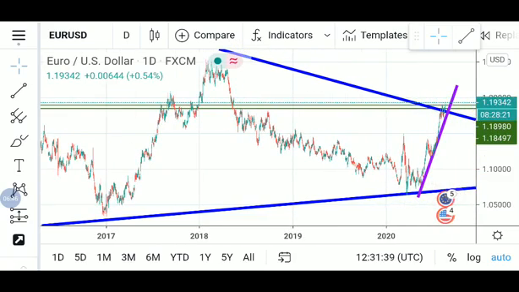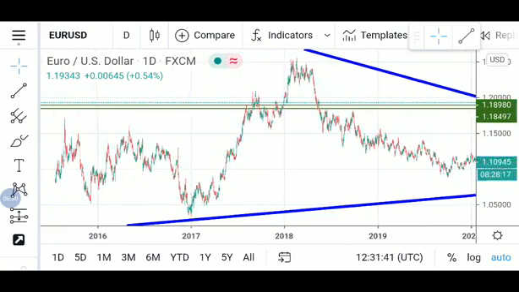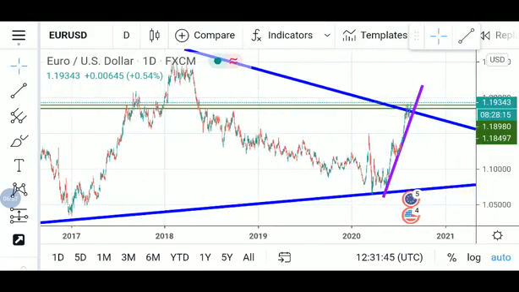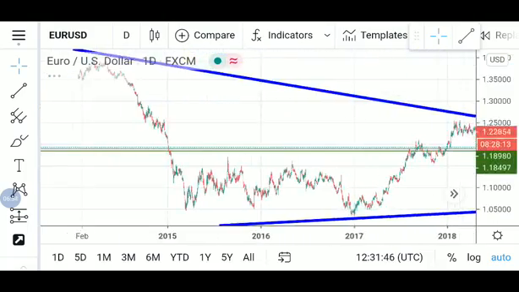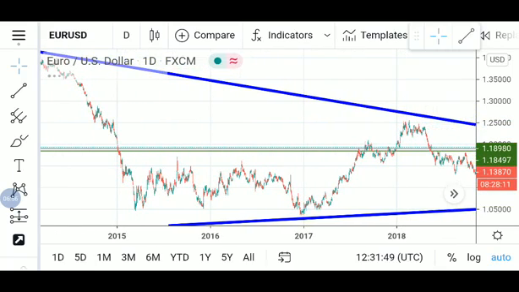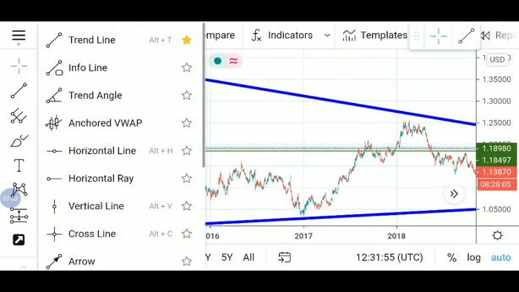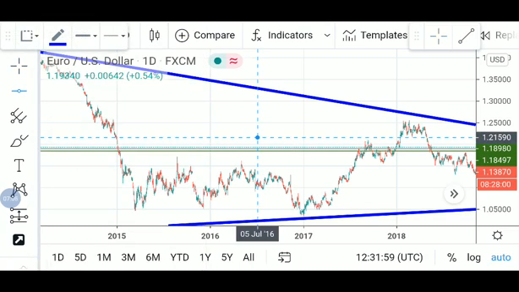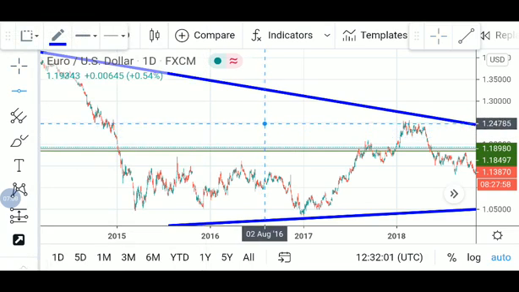So there's no level here. This level here, I tested it. Horizontal line, right here.